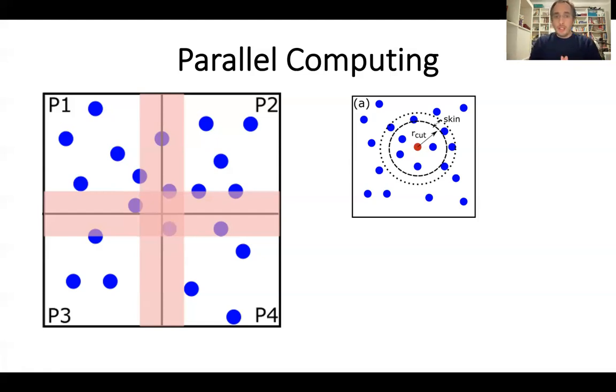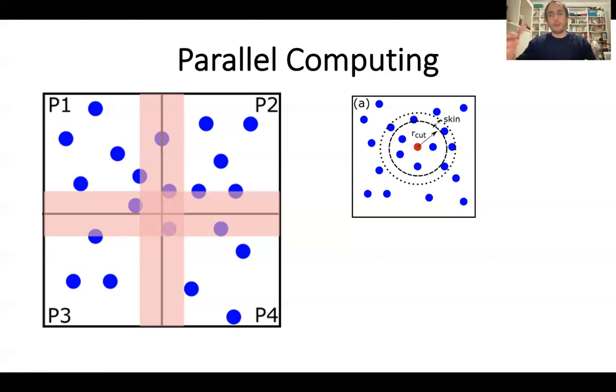So how to divide the system? Usually LAMMPS does it automatically. You can also do it yourself. So how LAMMPS optimizes is that, imagine that you have a rectangular system, and you can cut it in this direction or in a longer direction, but in this direction the red region will be a lot smaller than in this direction.